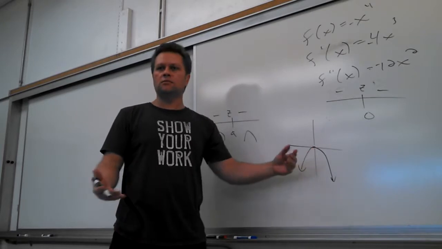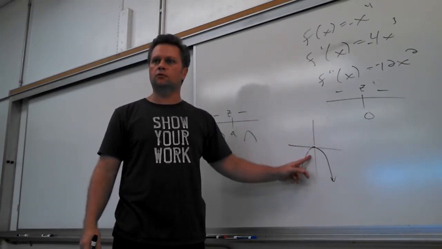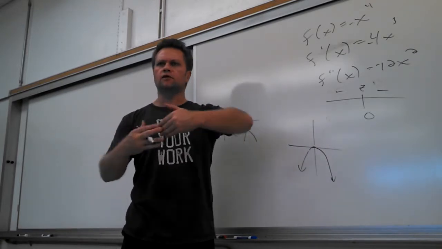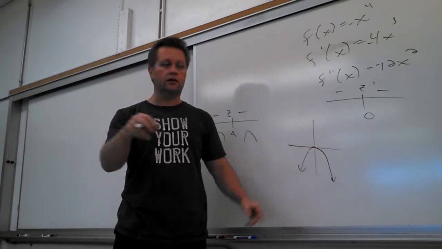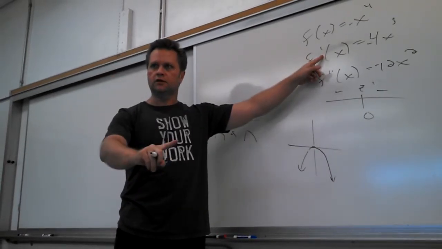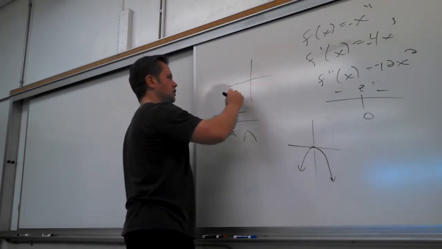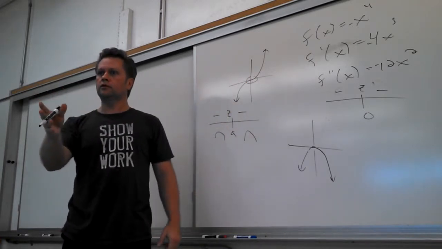But that doesn't mean we don't know math. It just means we need the math to tell us that there's something weird going on there. I don't know if you guys are with me here. The second derivative is a little too far removed from the original function to tell real good details. Now the first derivative is only removed once. So I know that that's going to be a critical number of the first derivative, definitely.